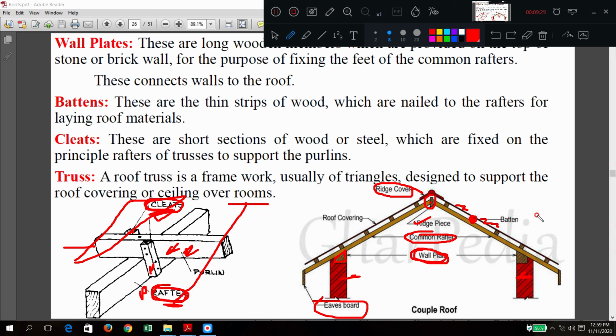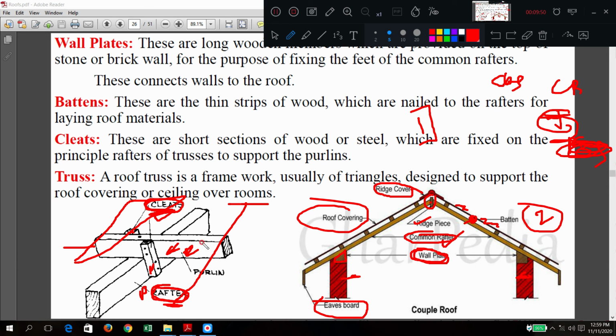This is the example for the second case. What we have seen in the classification where common rafters plus purlins are there. Okay, so here common rafter plus, sorry, it is not there. This is only the first type, where only common rafters are there. Above that you have roof covering. Simple, no?